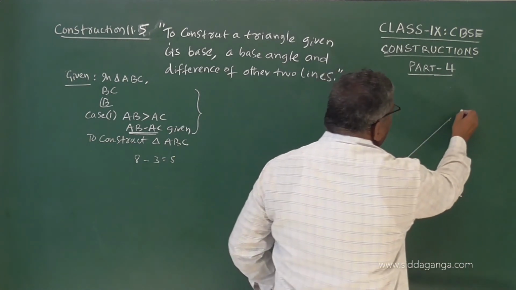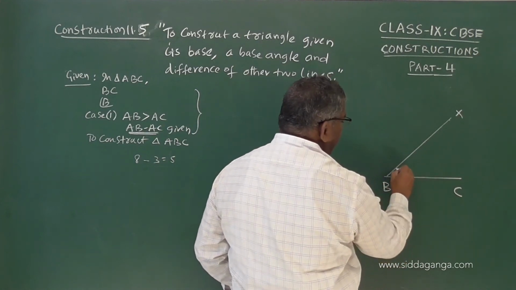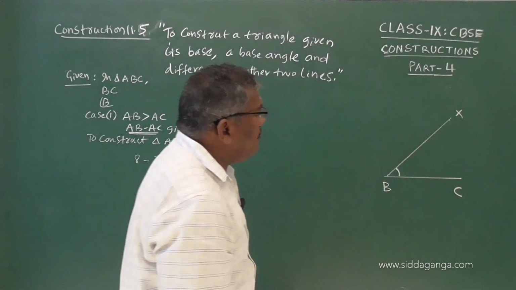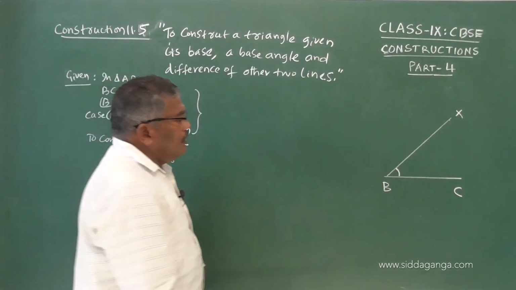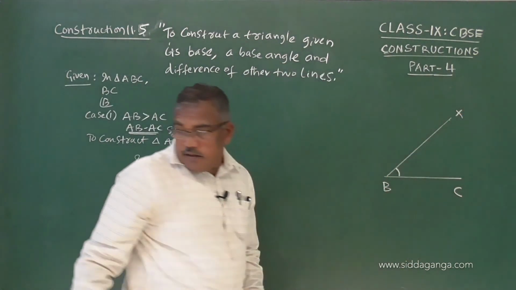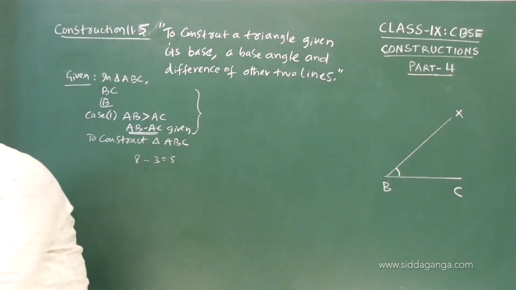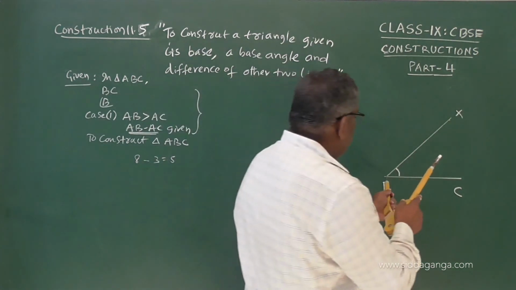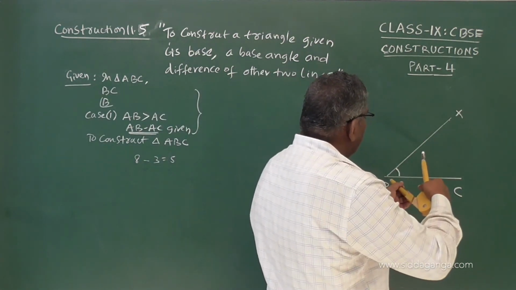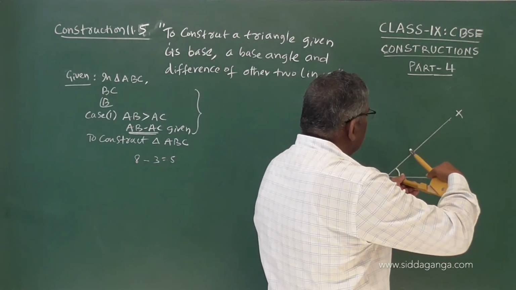This is BX with the required angle, it is also given, and BD, the difference, will be the smaller one, AB minus AC.